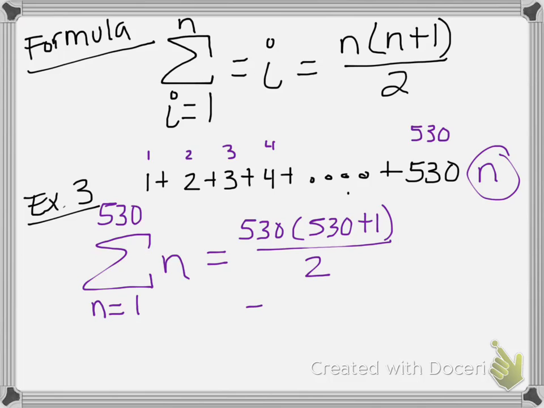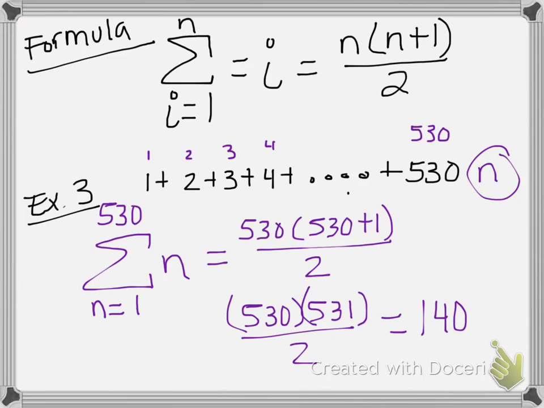So this really is 530 times 531 divided by 2. Can somebody tell me what that right there is? 140,715. Now that right there would be your answer.